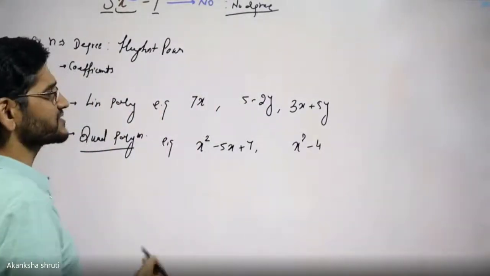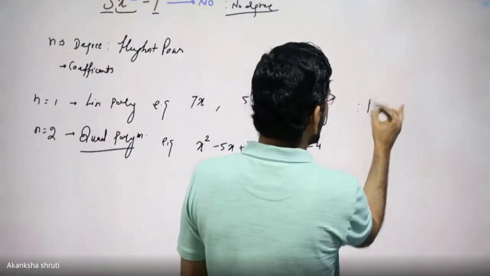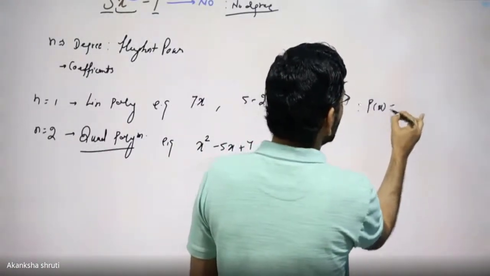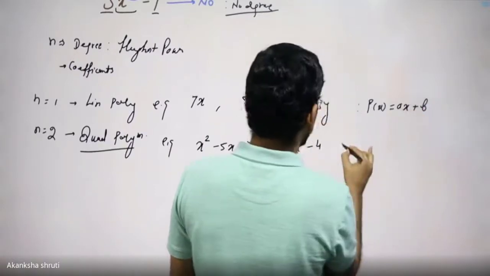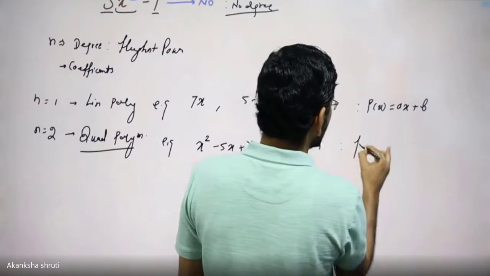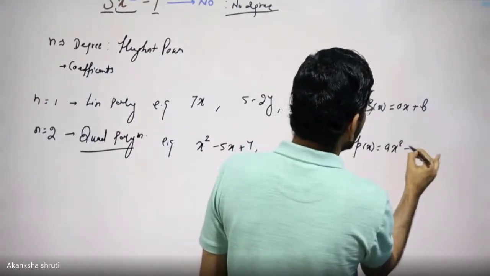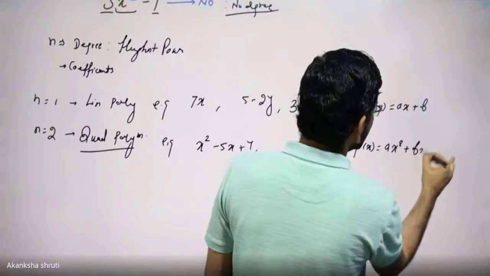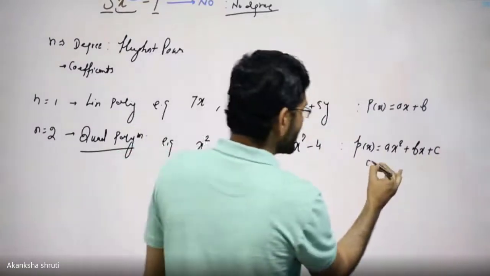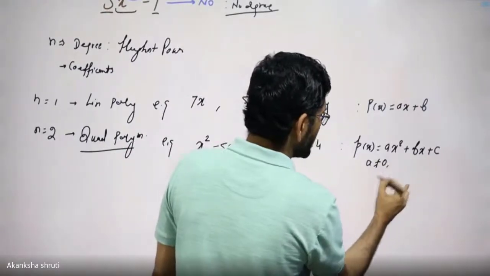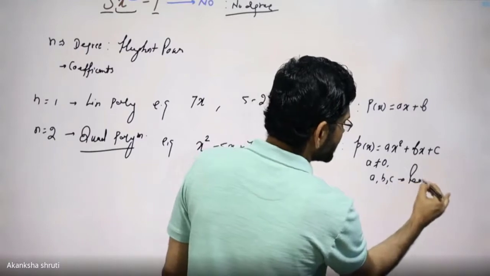Students, some standard forms are defined. For a linear polynomial, the standard form is ax plus b. For a quadratic, P(x) is given by ax square plus bx plus c. Here we have to keep in mind a should never be 0 and a, b, c must be real numbers.